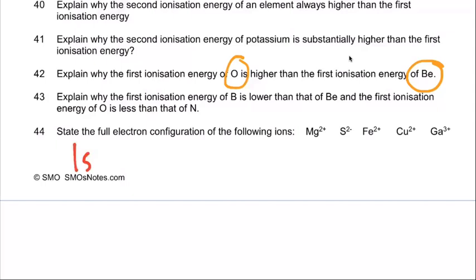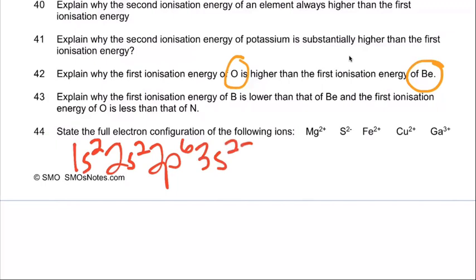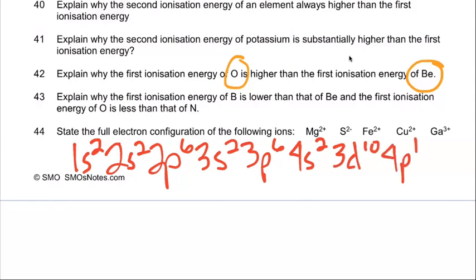So 1s2, 2s2, 2p6, 3s2, 3p6, 4s2, and then 3d10, and then 4p1. Okay, so if I just did the regular element gallium, this is what I get.